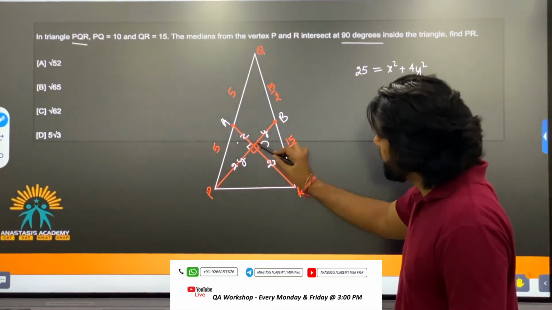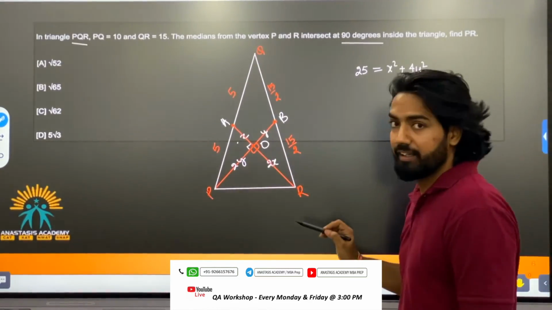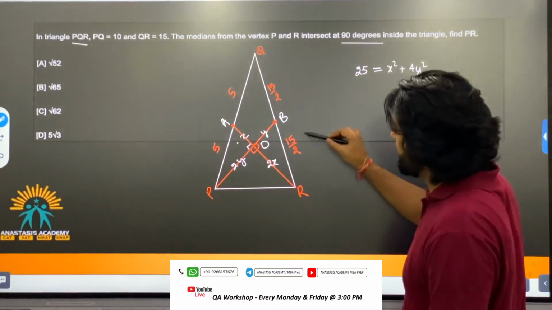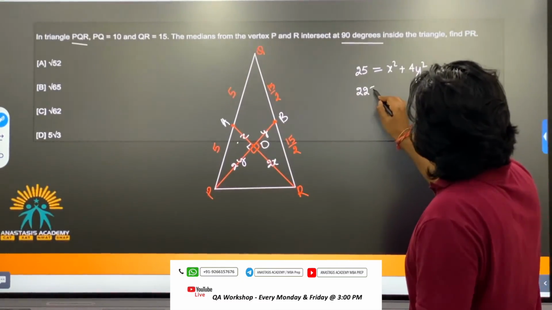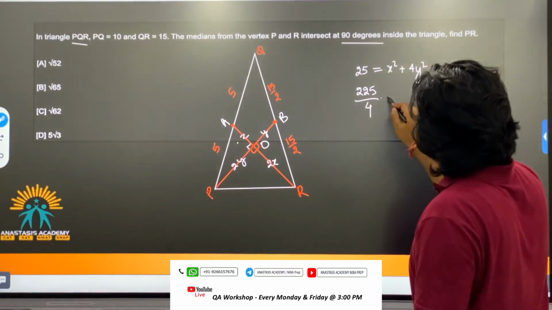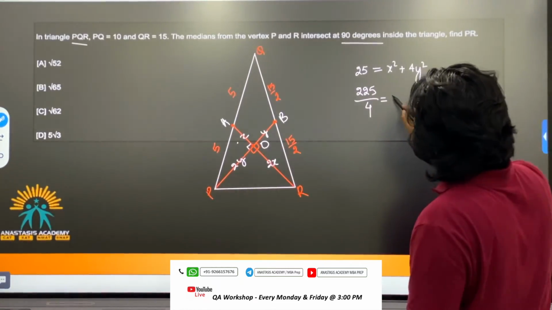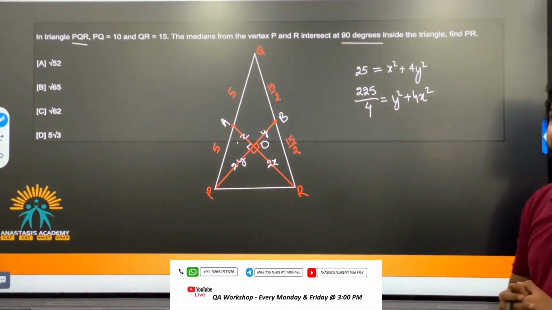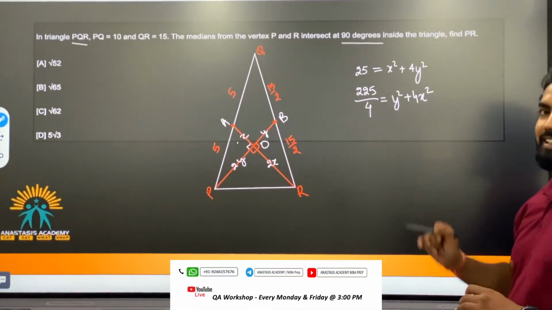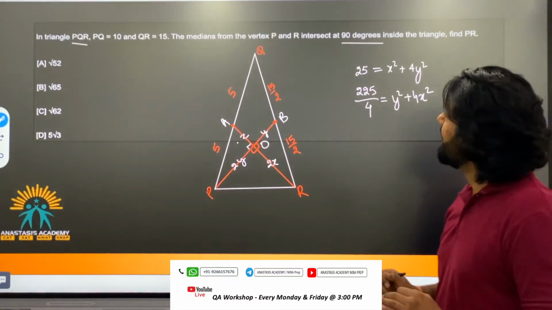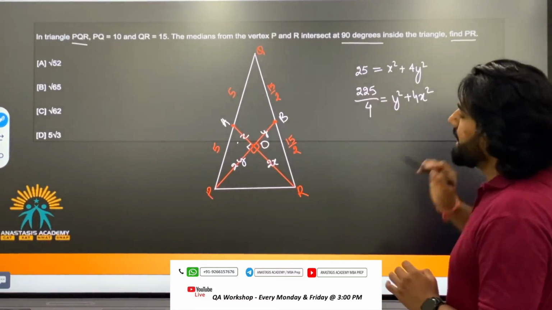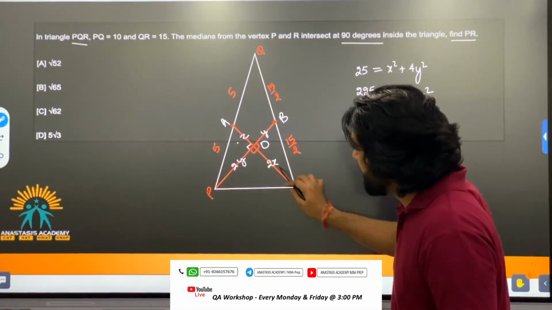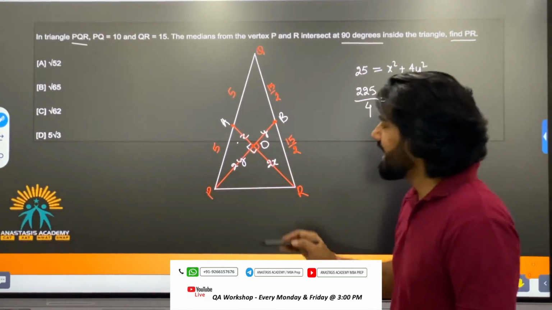Similarly, in this triangle BOR, this is hypotenuse BR, so hypotenuse square, that is 15 square divided by 4, 225 by 4, is equal to y square plus 4x square. Now why am I doing this? To find the value of PR, because in this triangle POR, it is also a right angle triangle.